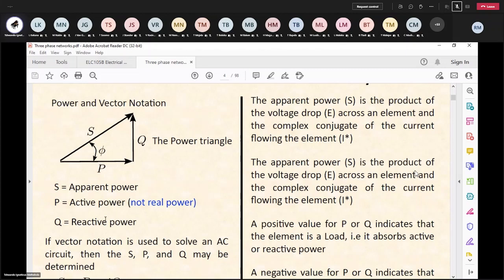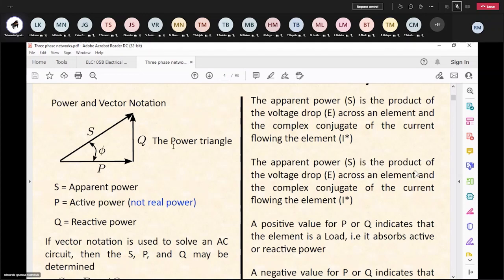And you'd have the reactive power which is represented by the capital letter Q. This is the power that is brought about in the circuit by the inductance and the capacitance. It is positive if you have got an inductance. What does a positive Q actually mean? It means that that element, which is an inductor, absorbs reactive power.